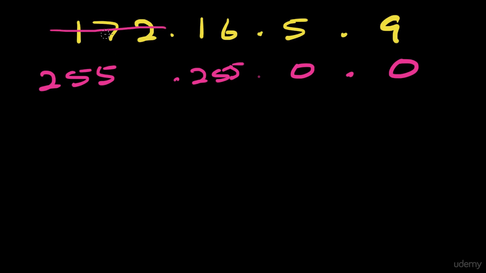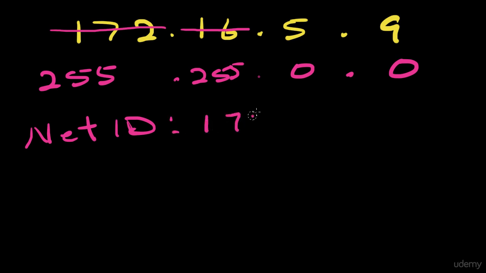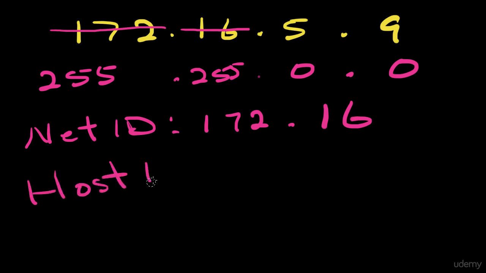We don't even need to look at it in binary. And this is also being covered as well. So our network ID is 172.16. Our host ID is the uncovered portion, 5.9.